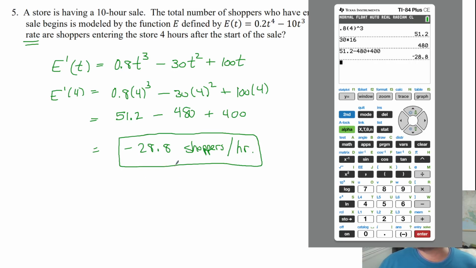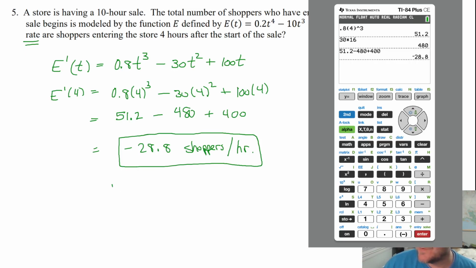Total number of shoppers who've entered the store. A store is having a sale. The total number of shoppers who have entered the store t hours after the sale begins, modeled by the function, da da da da da. So yeah, I guess it's right to say this models the fact that 28.8 shoppers are leaving the store. So there's some shoppers in there already, and then the sale starts and people start coming in and in and in, but then eventually they start to go out.